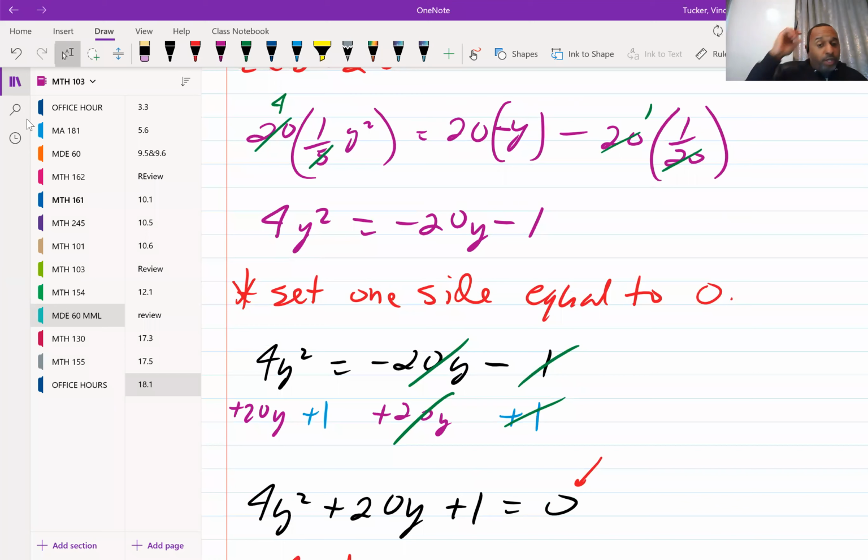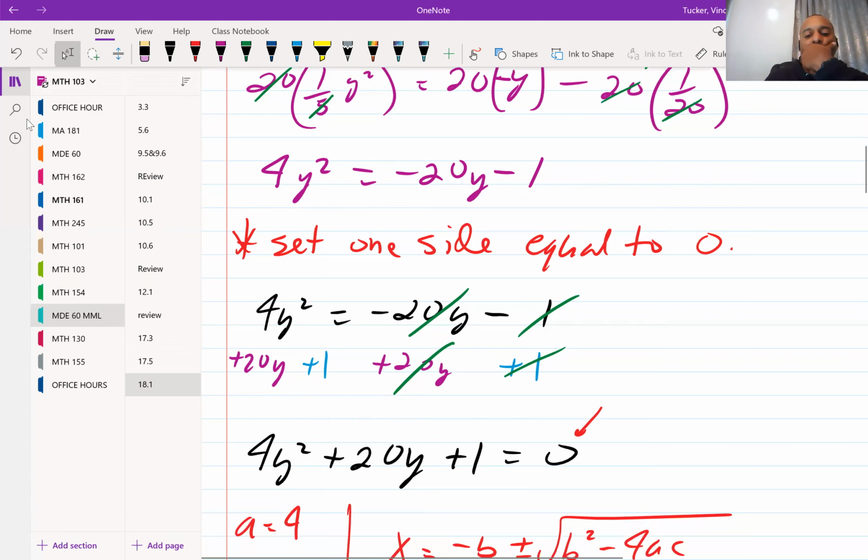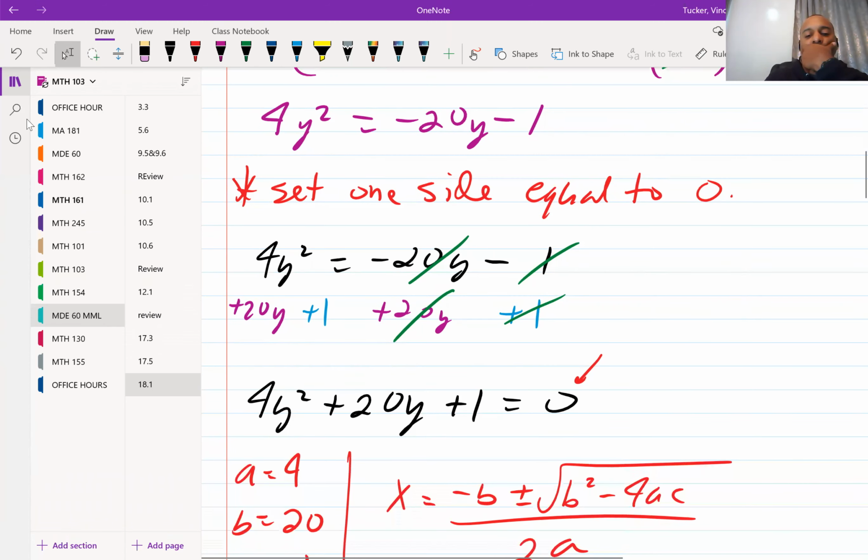That gives us this new equation of 4y squared plus 20y plus 1 equal to 0. Everybody good?